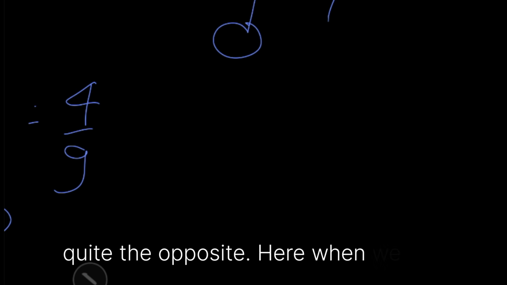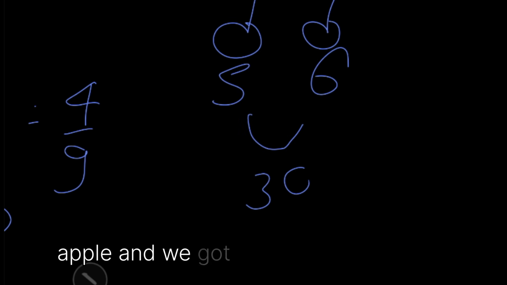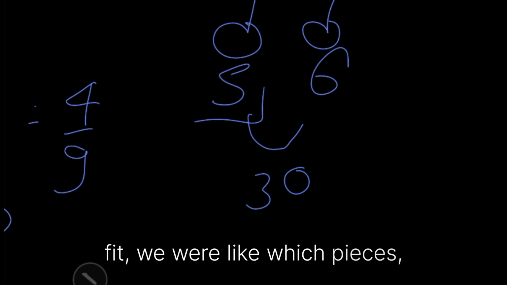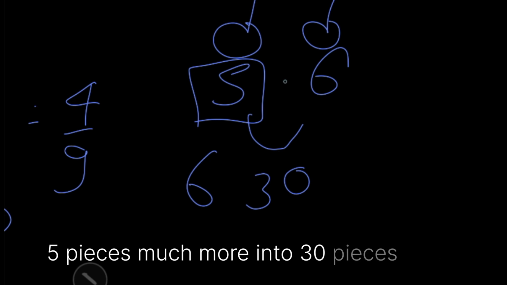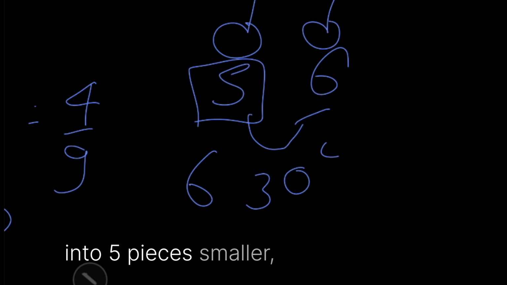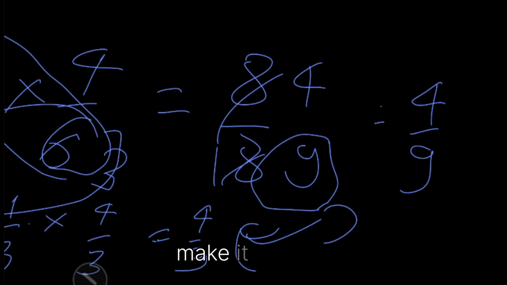When there were 5 pieces and 6 pieces of apple, and we got 30 pieces as a result, what was happening is that as they didn't fit, we asked which pieces, so that 5 into 6 pieces and 6 into 5 pieces would be equal. That's why we multiplied them. So in fractions, multiplication is ironically having the opposite effect, making sure the pieces fit together and making it smaller. Now let's go to the division.